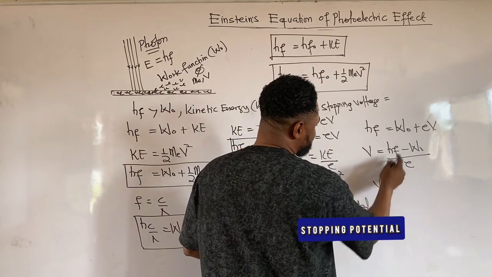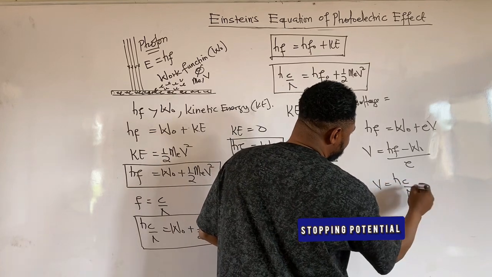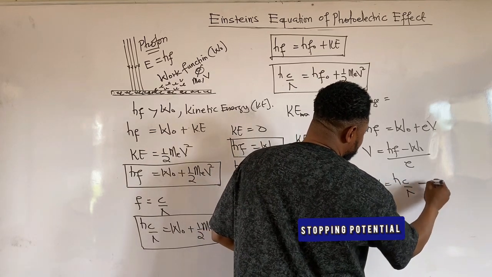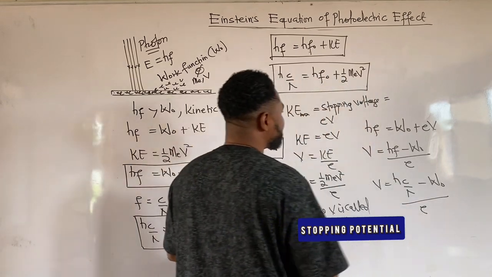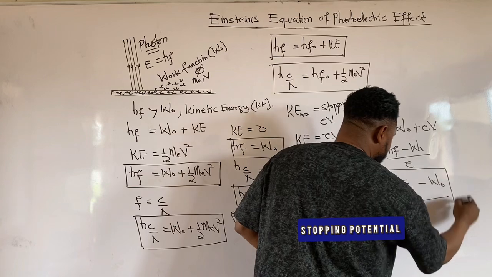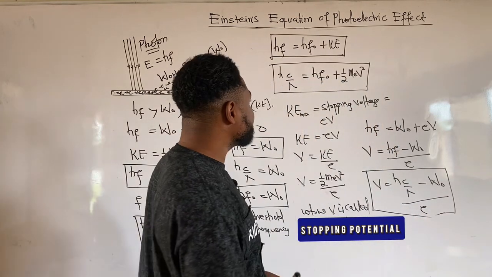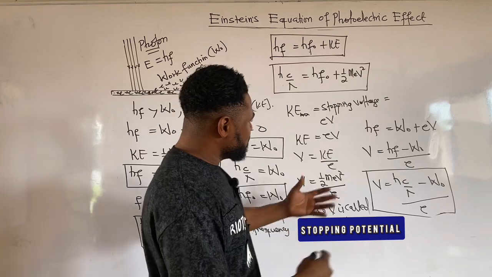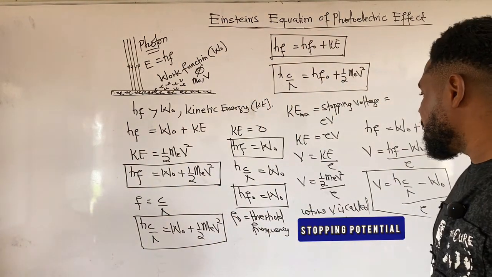So we can also break this formula down as h times c over lambda minus W naught, all over electron charge. So these formulas can be used at any instance based on how the question will be given to us.